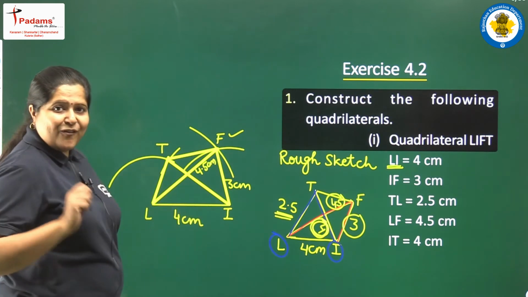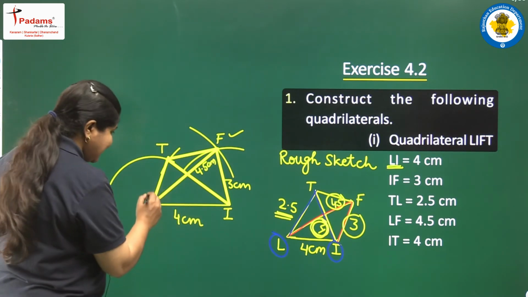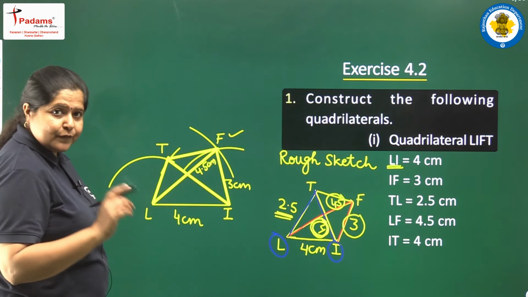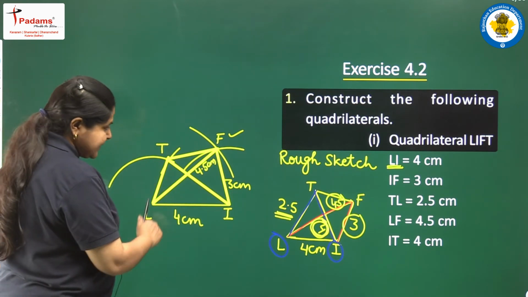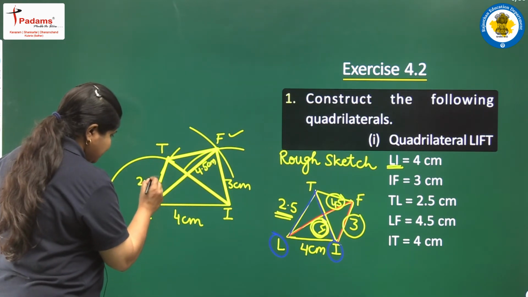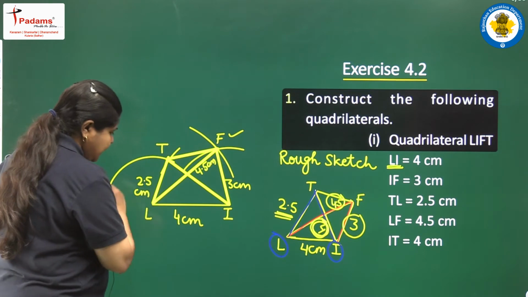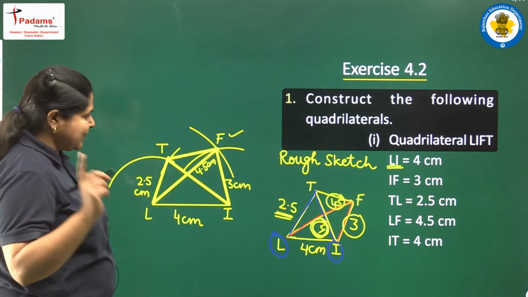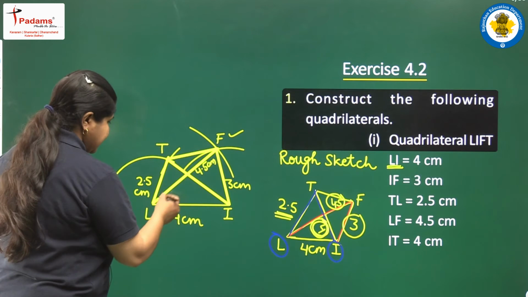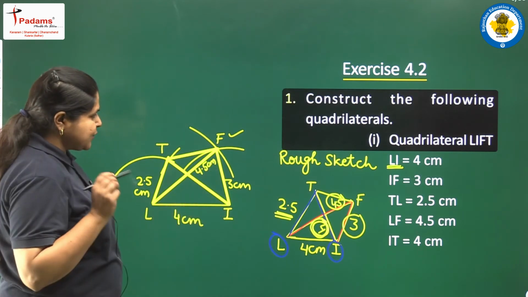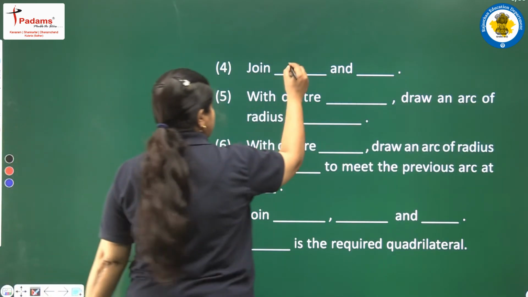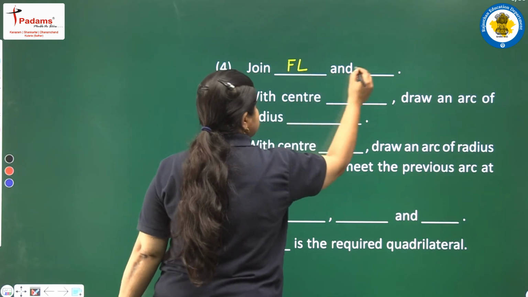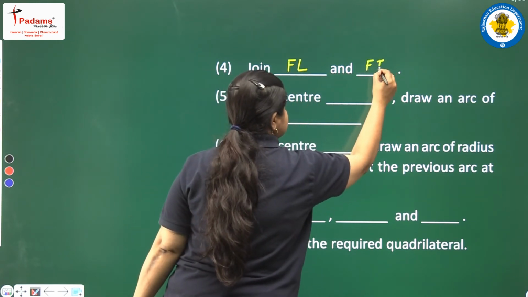Okay. What next? With center L and I again. So first we will take L. With center L and radius 2.5 centimeter, draw an arc. But before that we joined these FL and FI. So we need to write it. Join FL and FI.